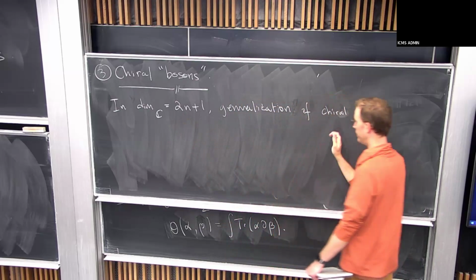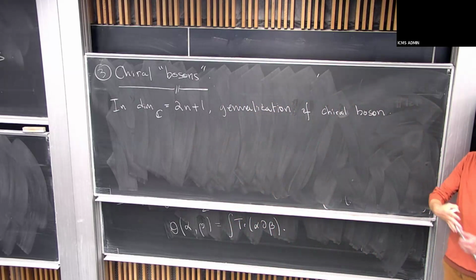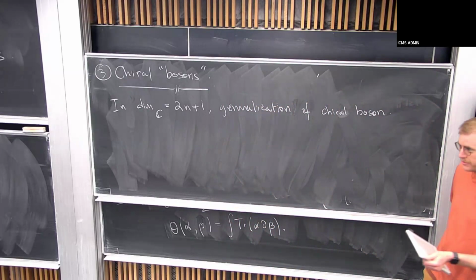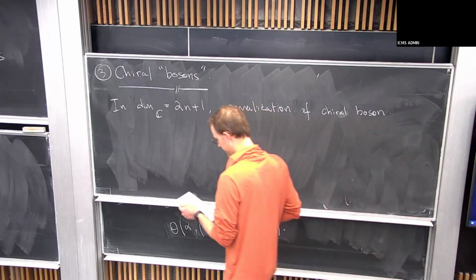Which, in dimension 1, of course, by the chiral boson, I just mean the CFT built from holomorphic maps from a Riemann surface into the circle. That's like one chiral boson. I could do higher rank things too. So this is a generalization of that conformal field theory, chiral conformal field theory.